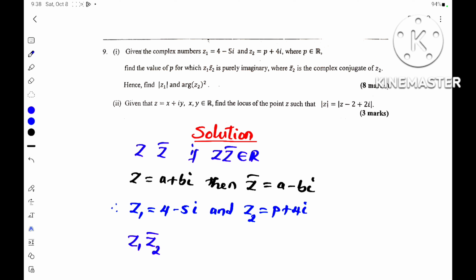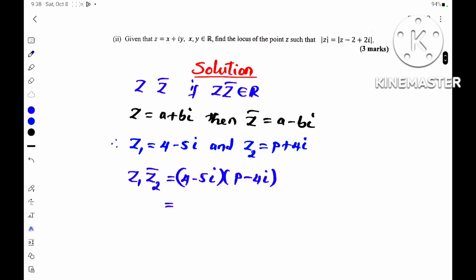But let's first of all look for the product z1 times the conjugate of z2. This is 4 minus 5i multiplied by the conjugate of z2. We know z2 is p plus 4i, so its conjugate will be p minus 4i.